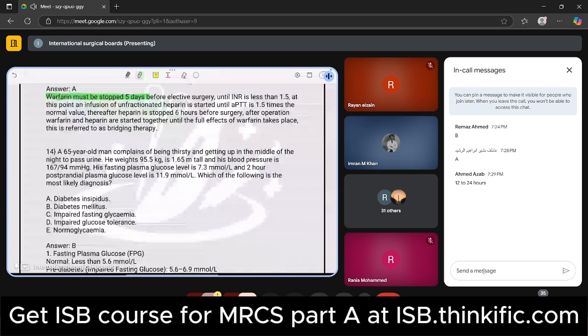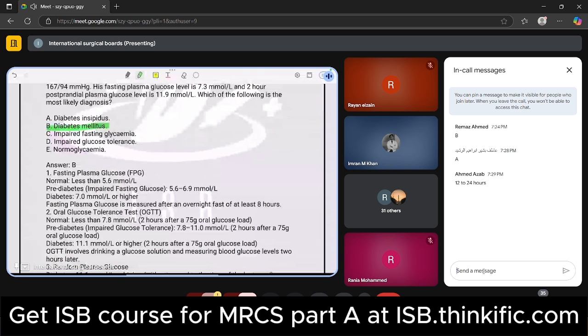Diabetes mellitus, yes. So these are the diagnostic criteria. Fasting plasma glucose: diabetic when it is 7 or higher. Oral glucose tolerance test, that is following a meal: diabetic means 11.1 or higher.